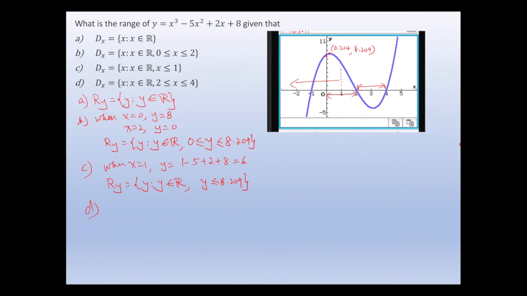Alright, and then finally for D. You are looking at between 2 and 4, that range. You know that when x equals 2, y equals 0. And when x equals 4, y equals 0.